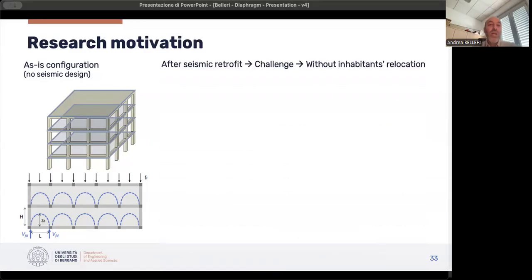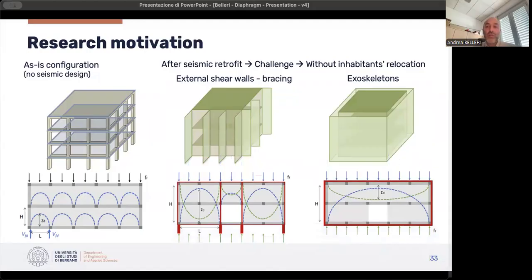But what happens after a seismic retrofit? If we want to take the challenge to avoid inhabitant relocation and we are forcing the retrofit from the outside, we will provide external shear walls or exoskeletons. In that case, we are providing stiffer elements outside of the building.